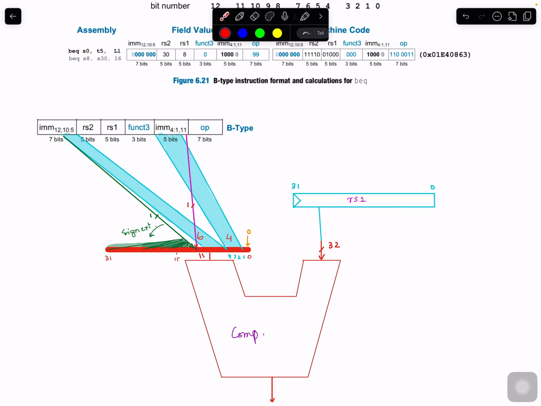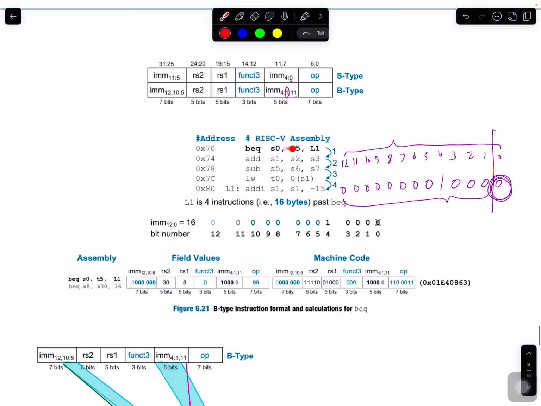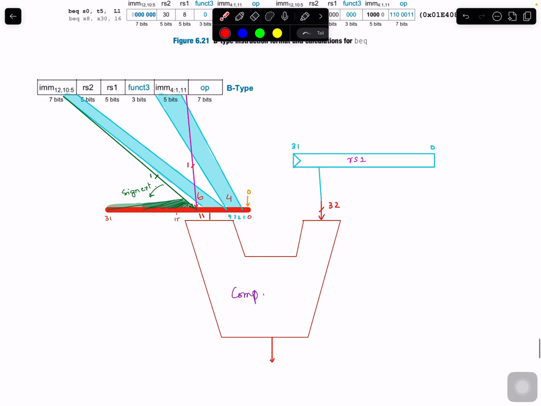And that we need to add to what? Add to this value, plus 16, so that it goes here. So it's not a comparator, I'm sorry. This is something we need to add to the PC.